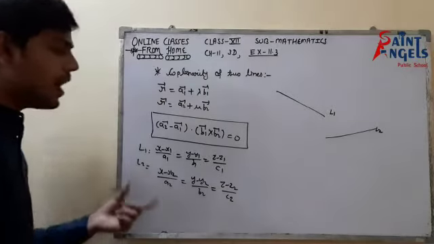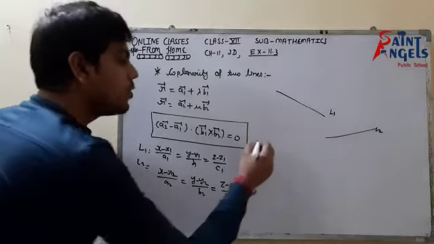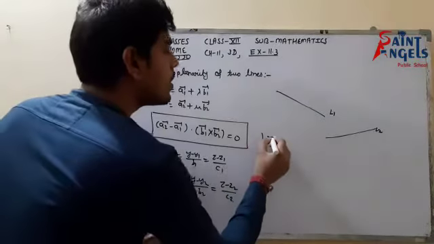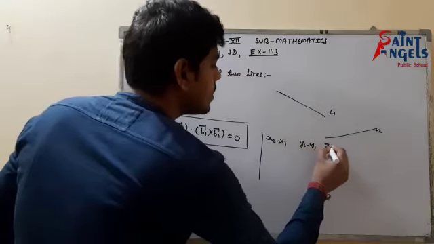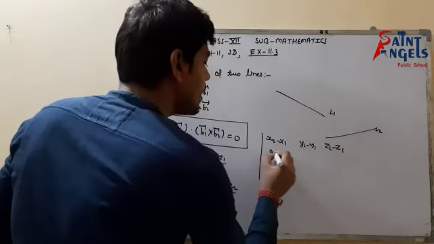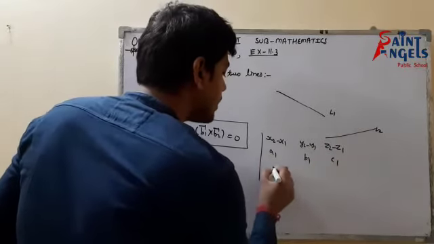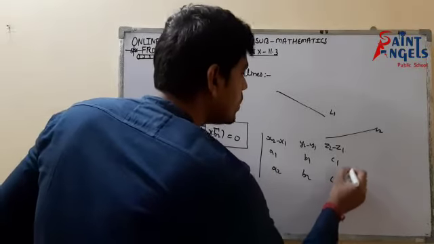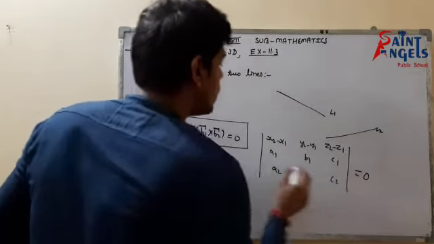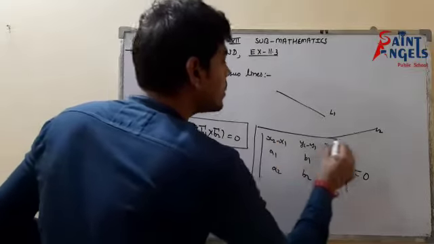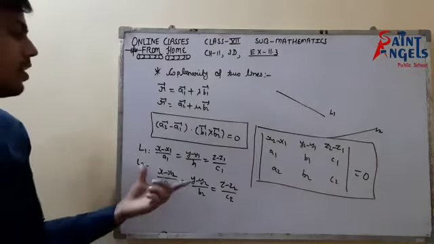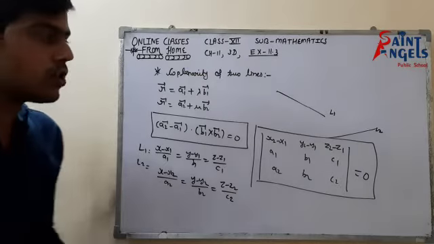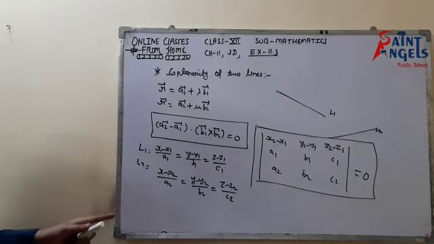Then the condition for coplanarity is the determinant of rows (x2 minus x1, y2 minus y1, z2 minus z1), (a1, b1, c1), (a2, b2, c2) equals 0. That is the condition for coplanarity of two given lines in Cartesian form. Okay students, now please pause the video and note it down.